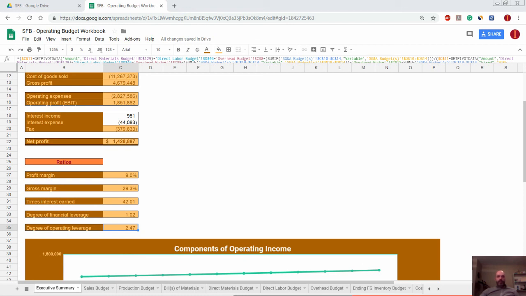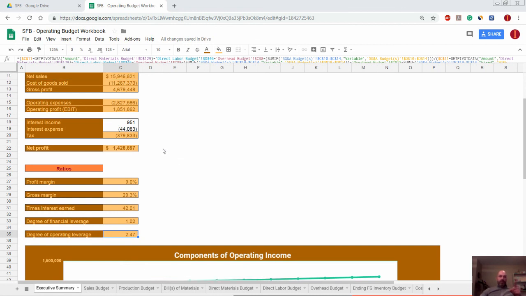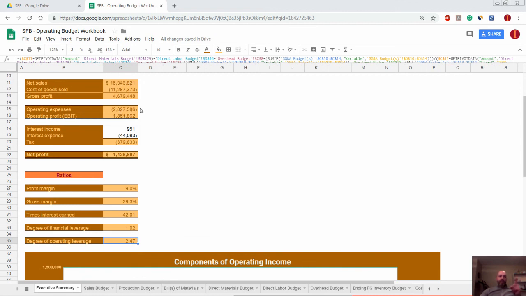All right, so it's 2.47 in our little hypothetical company here. So a 10%, but in this case it has to do with sales, not with operating profit. A 10% increase in sales with the fixed cost that this company has would translate into a 24.7% increase in operating profit.